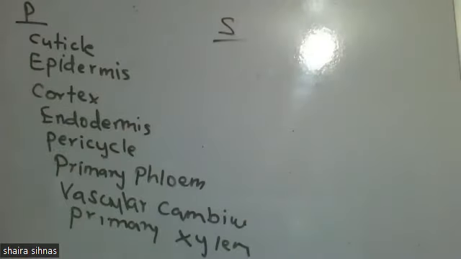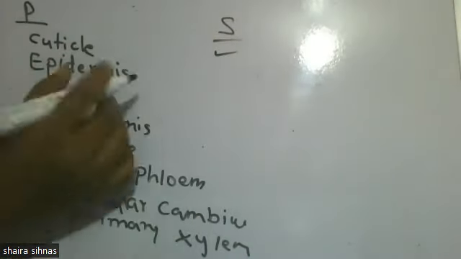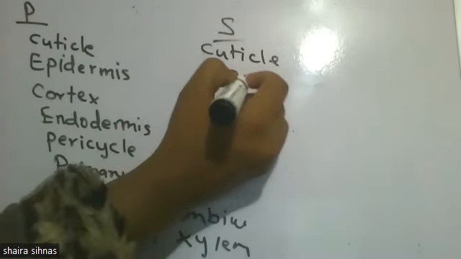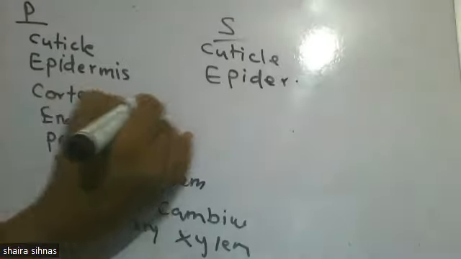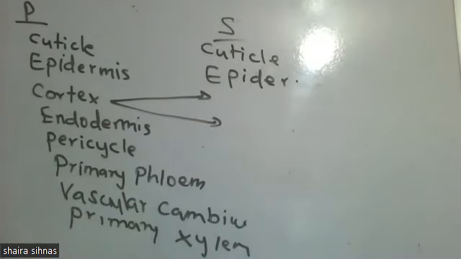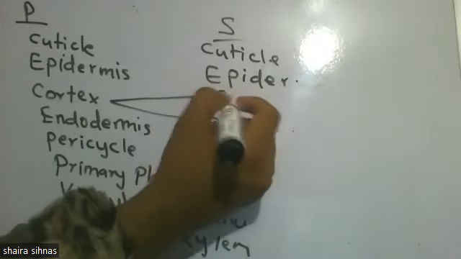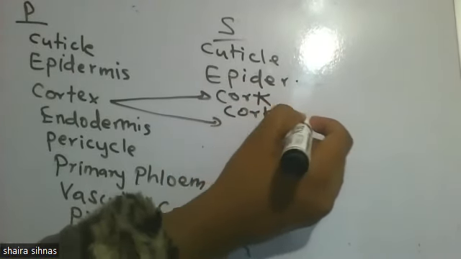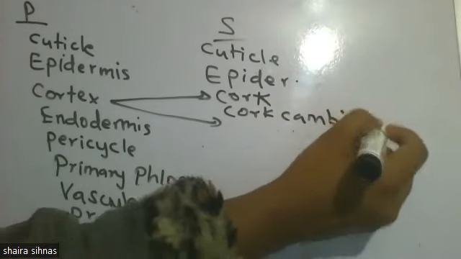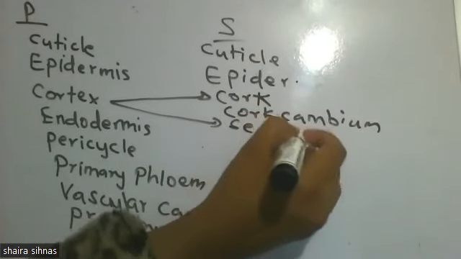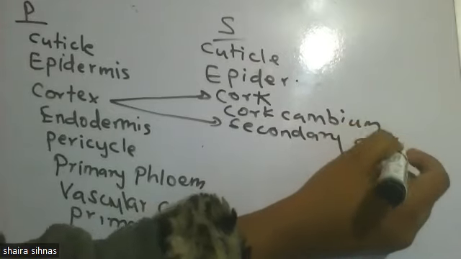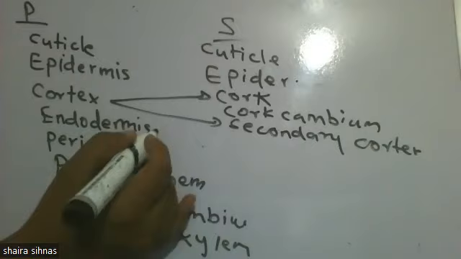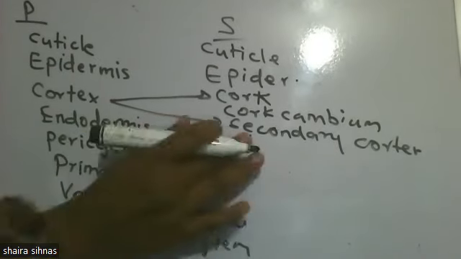Now, after secondary growth, see, you had the cuticle, same. Right, I will write again. Cuticle, epidermis. So in the cortex, you added new layers. One is cork cambium. Then the secondary cortex. It comes under cortex, right? Then you had the endodermis as it is.